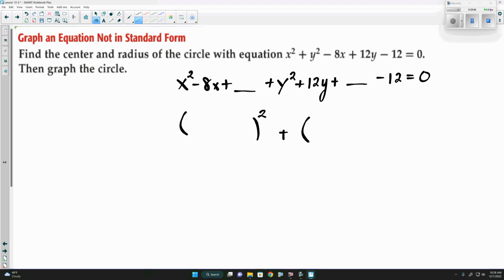Plus, for y, we're going to rewrite it as a set of parentheses squared. The numbers that we have there are given to us by the equation c is equal to (b over 2) squared, where b is the middle term.